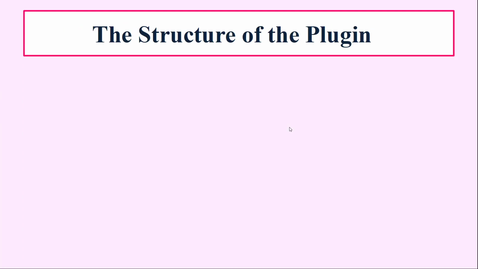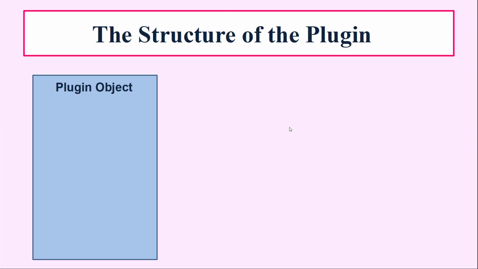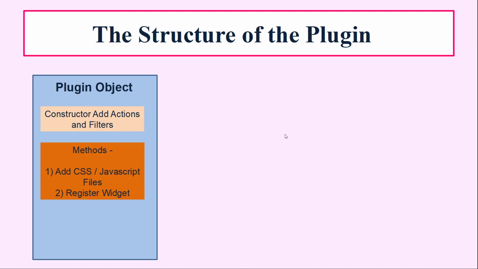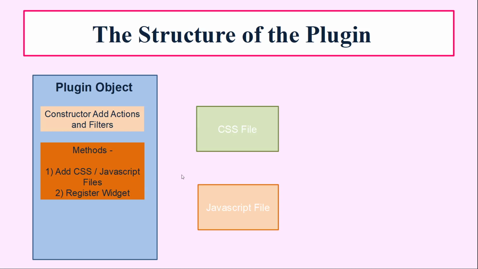Before we start, let's have a quick look at the plugin. The plugin that we've created, and the code that you can find in the description below from my link, is a plugin class. We have a constructor that adds the actions that we want, and these actions connect these methods up to the right hook. This has allowed us to link up our CSS files and our JavaScript files to our plugin.